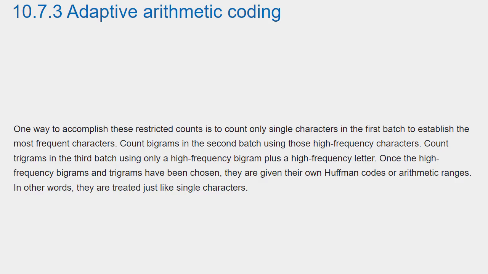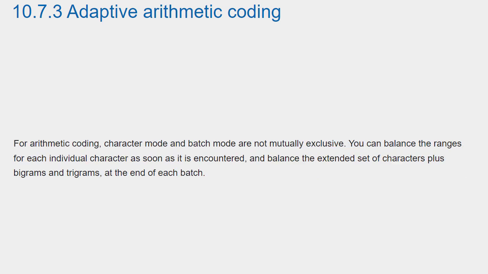Count bigrams in the second batch using those high-frequency characters. Count trigrams in the third batch using only a high-frequency bigram plus a high-frequency letter. Once the high-frequency bigrams and trigrams have been chosen, they are given their own Huffman codes or arithmetic ranges. In other words, they are treated just like single characters.